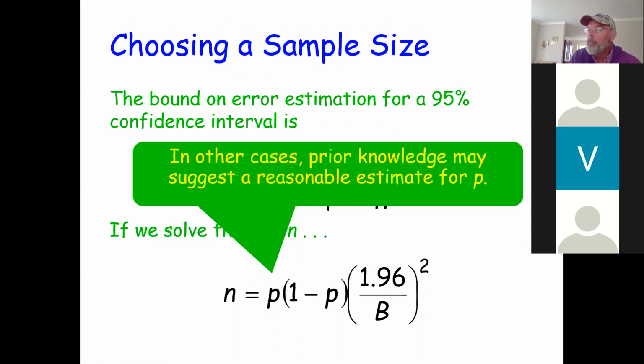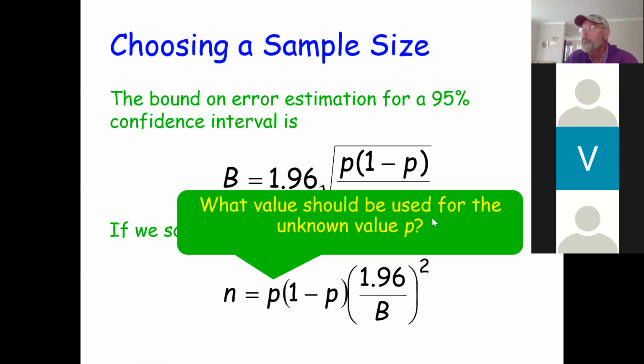So let me just get away from this. We're really looking at this idea right here. We could set P as 0.1, 0.2, 0.5.